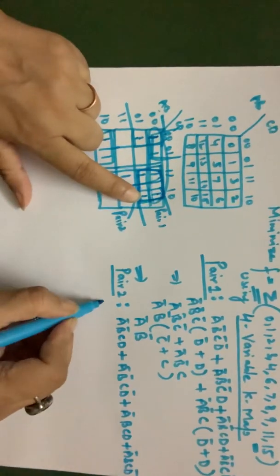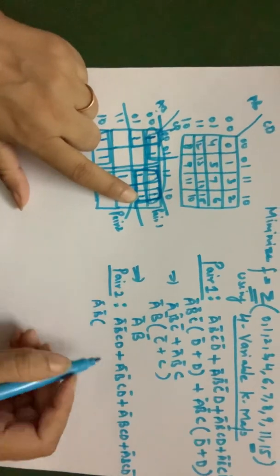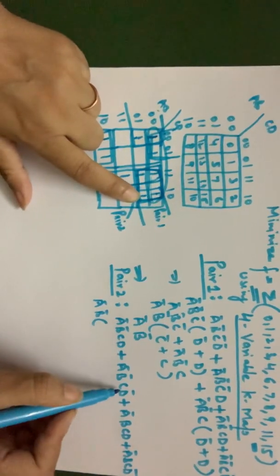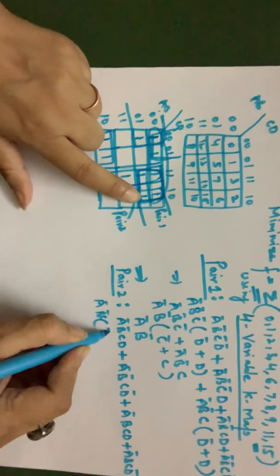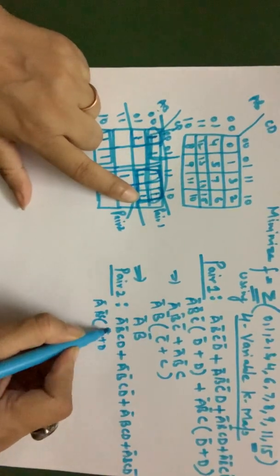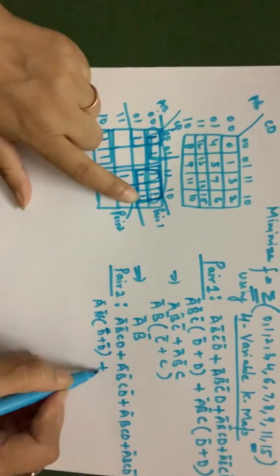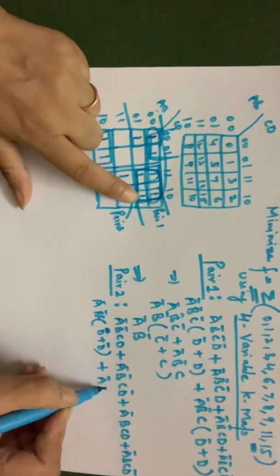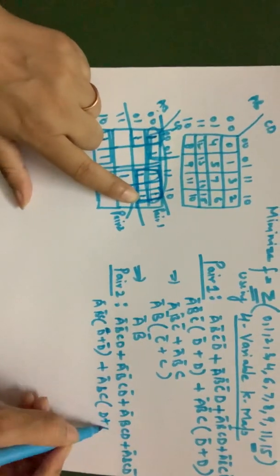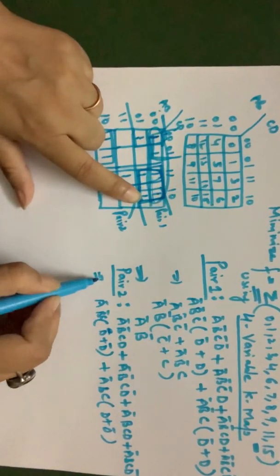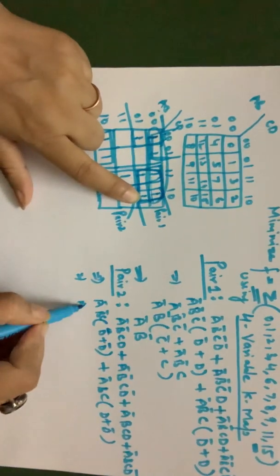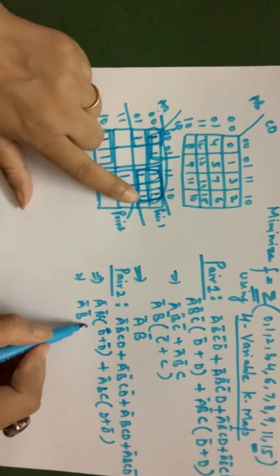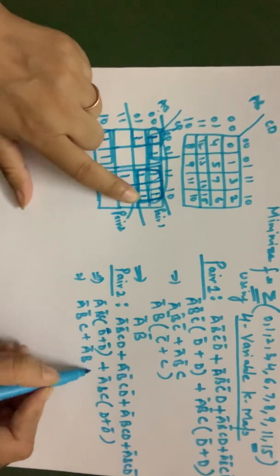Now take common A bar, B bar, and which other value is common here? C. So D plus D bar, plus A bar, B, C is common, D plus D bar. So here you will get A bar, B bar, C plus A bar, B, C.